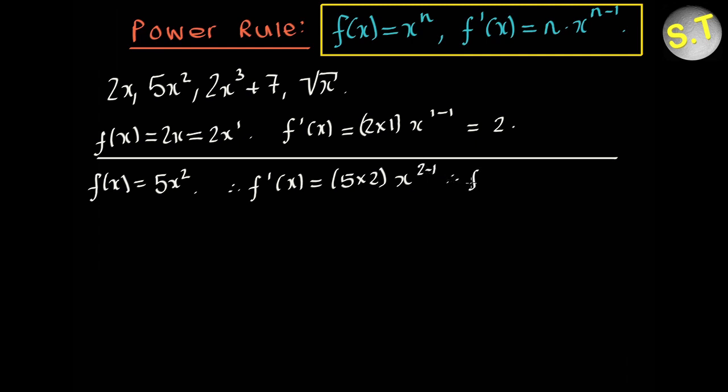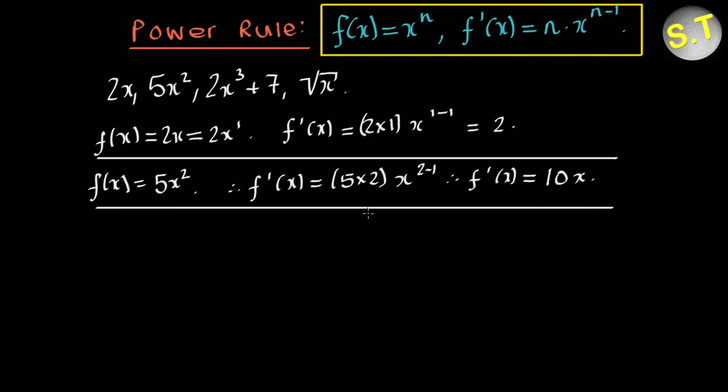Therefore, the first derivative, f prime of x, with respect to x, is equal to 10x, which is the exact same answer that we found in the first principles video, except instead of using 5 or 6 lines of algebra, we've been able to calculate it very quickly using the power rule.